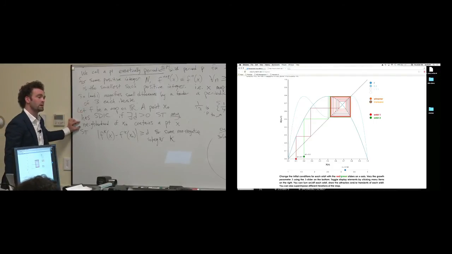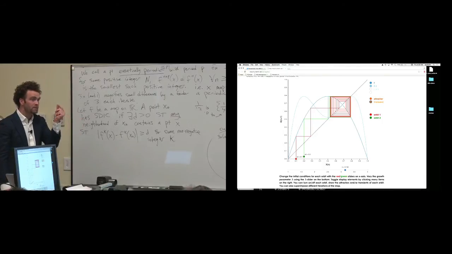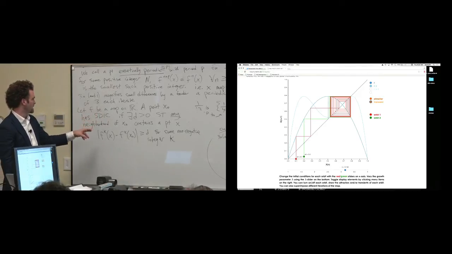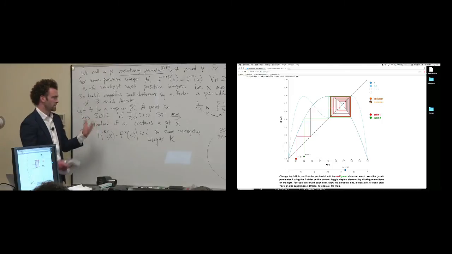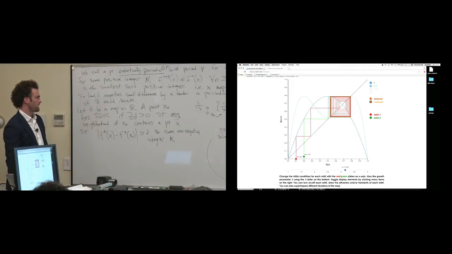Such that any neighborhood of x0, so I can make how close they should be to start as small as I want. I know your d you gave me. I can make that as small as I want. And no matter how small I make it, no matter how close to 0 I get, there are still points near 0 that leave, get further than d away. Maybe you want to think that d and the epsilon neighborhood should be the same size, but it doesn't really matter.